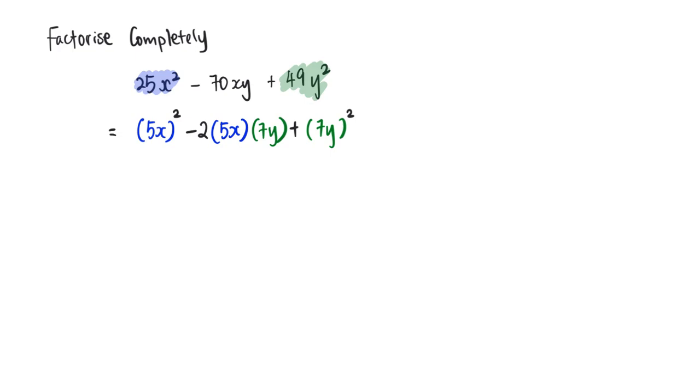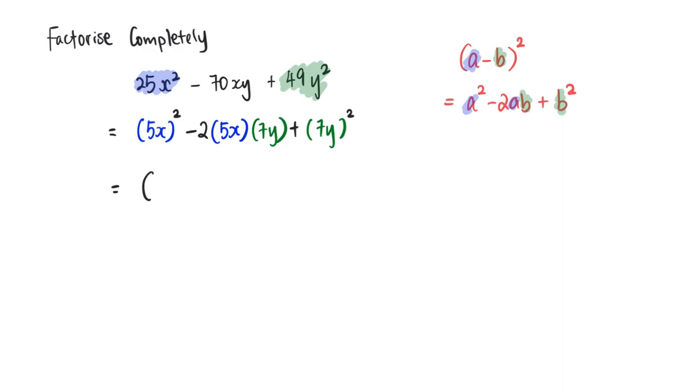Because a minus b square is equals to a square minus 2 times a times b plus b square. Meaning that I could actually tap on this particular formula now, or special product, to give me the final answer easily.